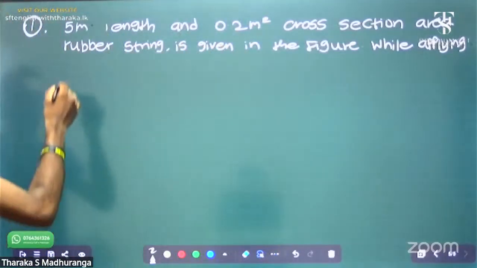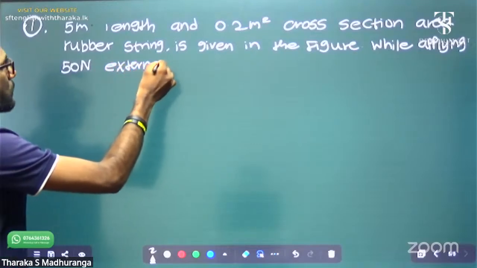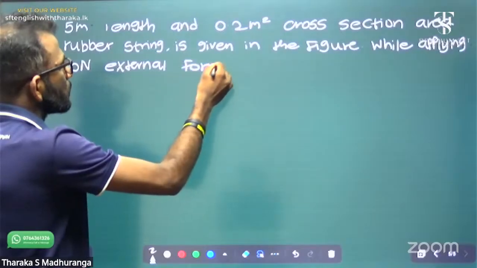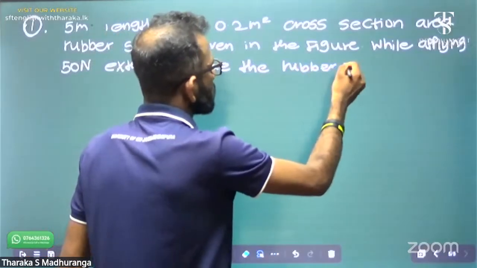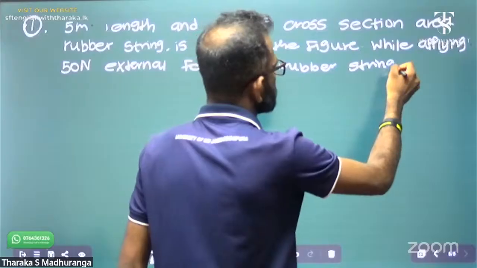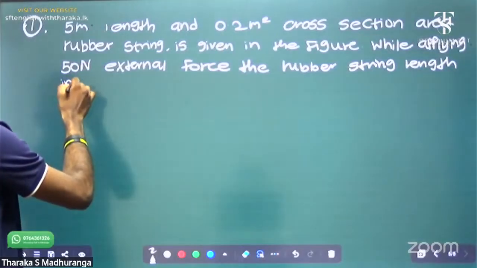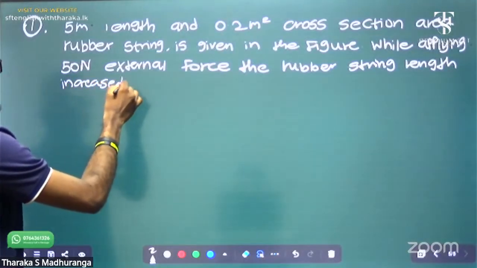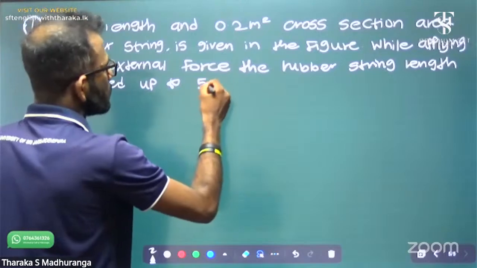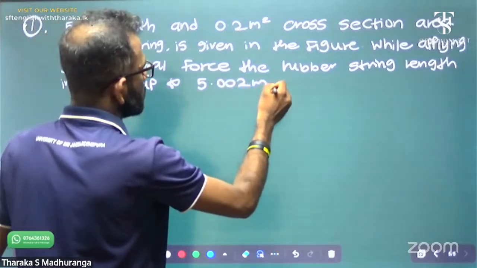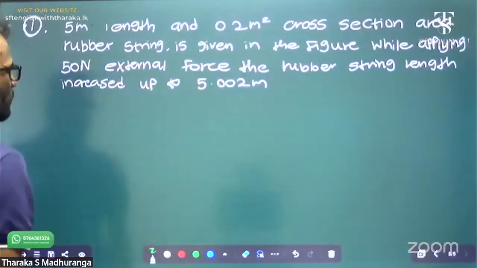While applying 50 Newton external force, the rubber string length increased up to 5.002 meter. Okay, this is a diagram.